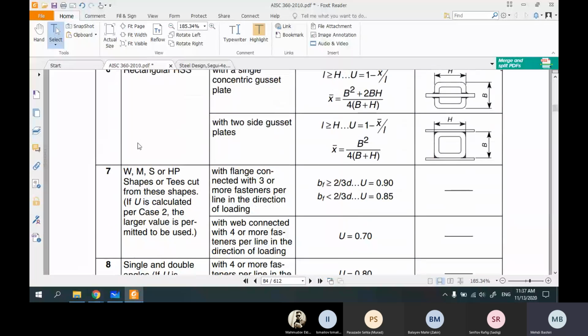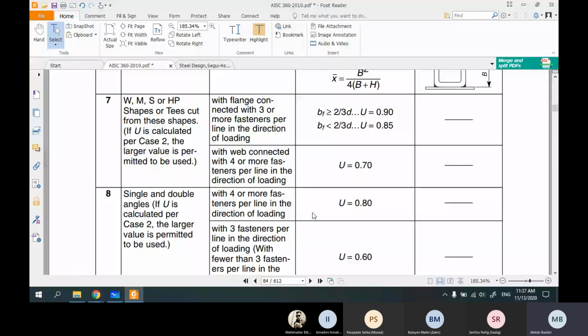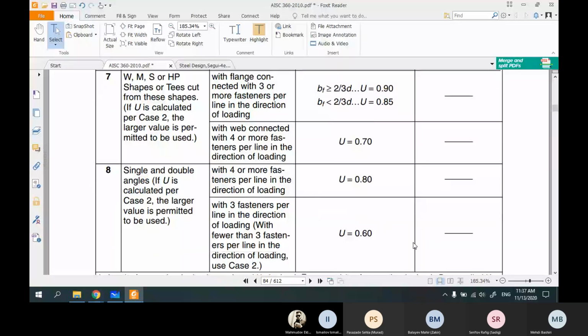Number 8 and number 7. In these cases, instead of doing calculations, when you have 3 fasteners per line, or 4 fasteners or more per line, you can pick, for example, U.6 or U.8.